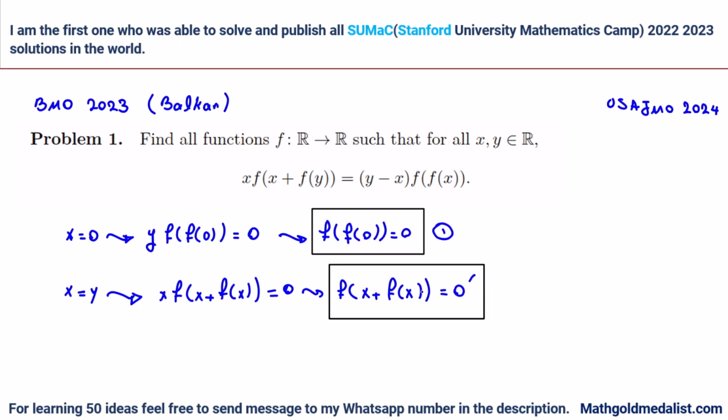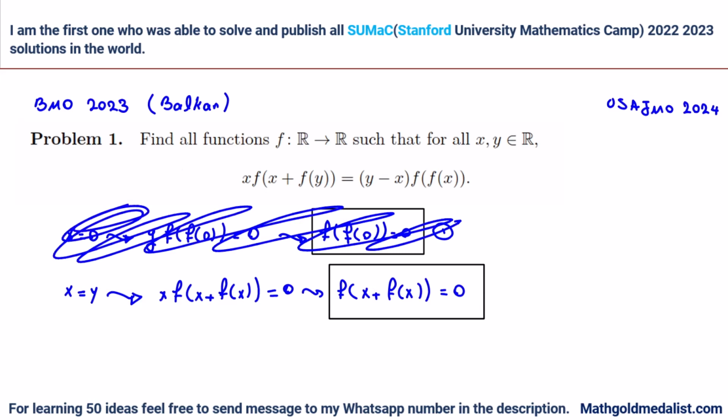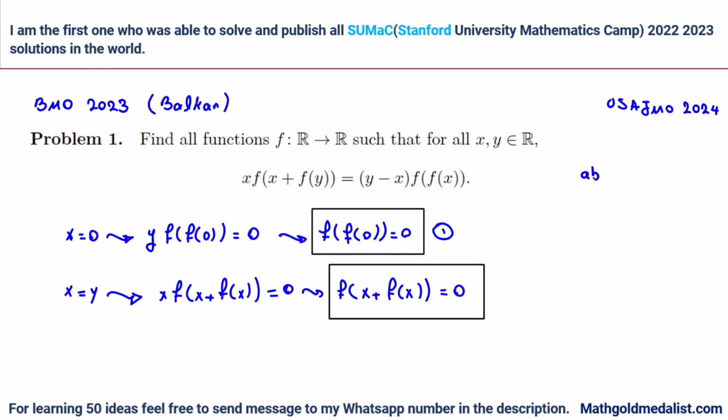Teacher, I don't understand. Suppose we didn't have this condition. Let me ask you something. When AB is 0, what can we conclude? A equals 0 or B equals 0. So here you say this factor is 0 or x is 0. But when x is 0, if you replace 0 here, f of 0 plus f of 0 is equal to f of 0, and from the first one we proved that it should be 0, right?